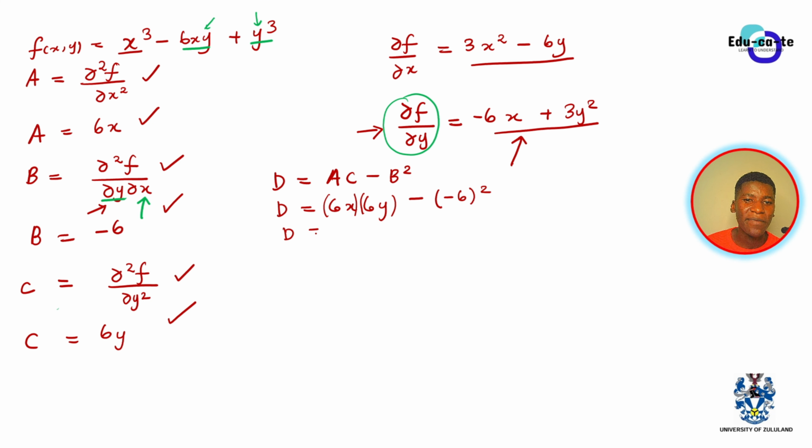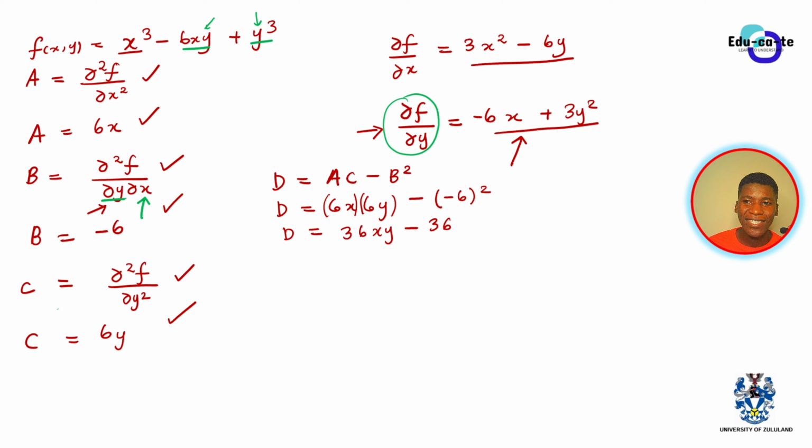So the discriminant is 36xy minus 36. This is the discriminant at a particular x value.